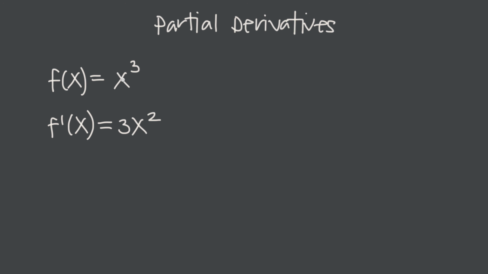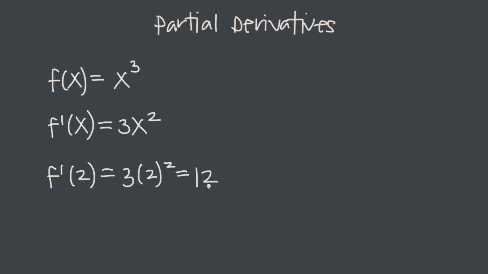So if I wanted to say what is the slope, or what is the rate of change, at x equals 2 of the original function f of x, I would plug x equals 2 into the derivative, and I would say f prime of 2 is equal to 3 times 2 squared, which is 3 times 4, or 12.